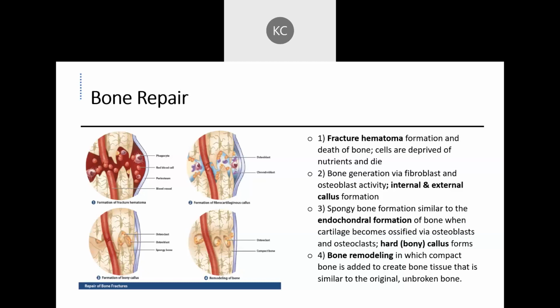So you have osteoclasts come in and break down some of the spongy bone, and then right behind it, you have osteoblasts come in and lay down new hard compact bone.